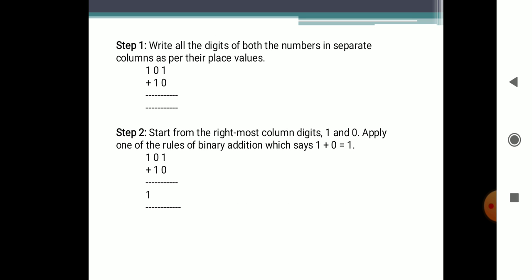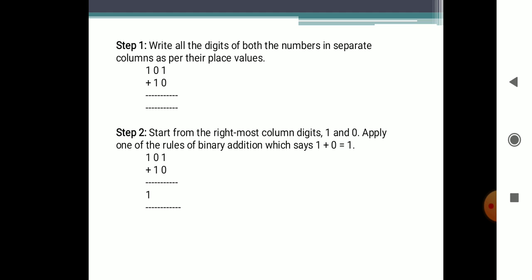Let us see how we add these two numbers, 101 base 2 with 10 base 2. The first step in performing binary addition is to write all the digits of both numbers in separate columns as per their place values. This is similar to usual decimal addition.